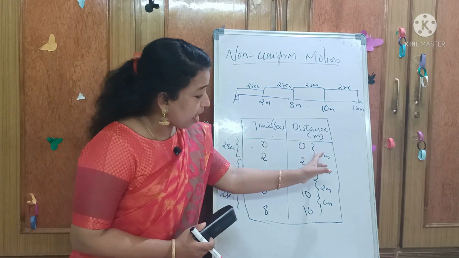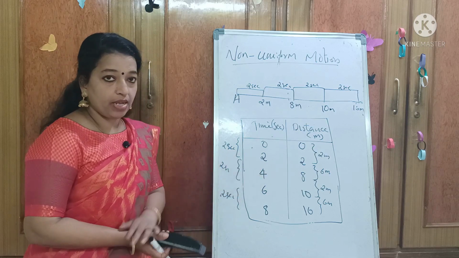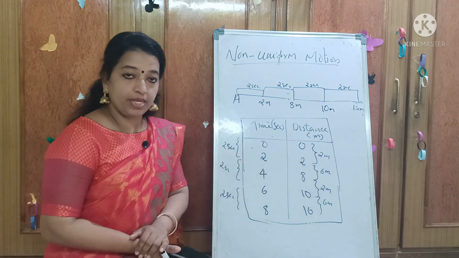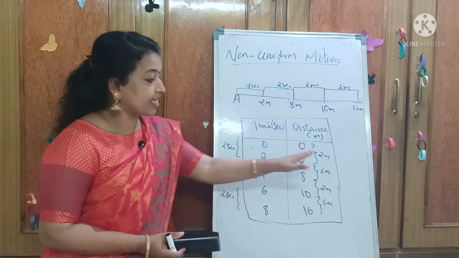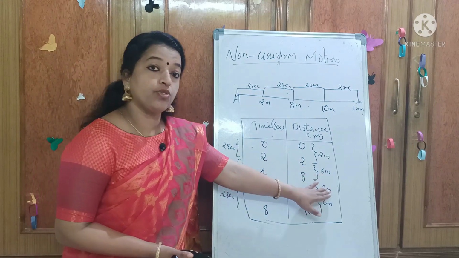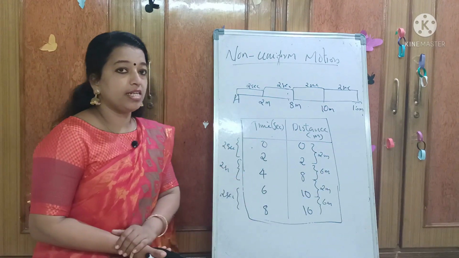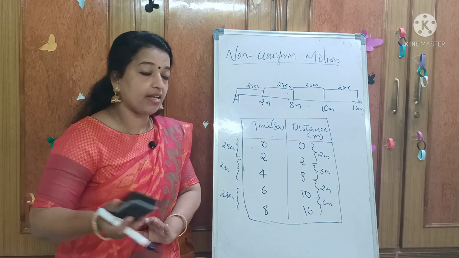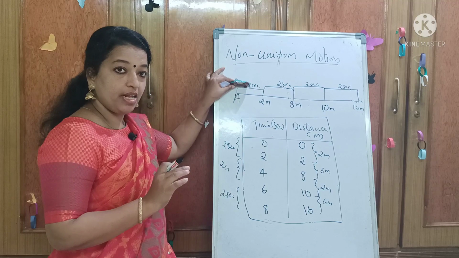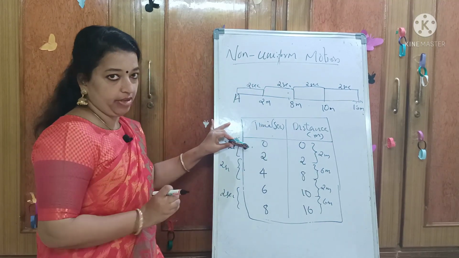But does the car cover equal distance in equal intervals of time? No. In the first 2 seconds it covers 2 meter. Next 2 seconds it covers 6 meter. Next 2 seconds again 2 meter. Again next 2 seconds 6 meter. Is the car covering equal distance there? No. So this car covers unequal distance in equal intervals of time.